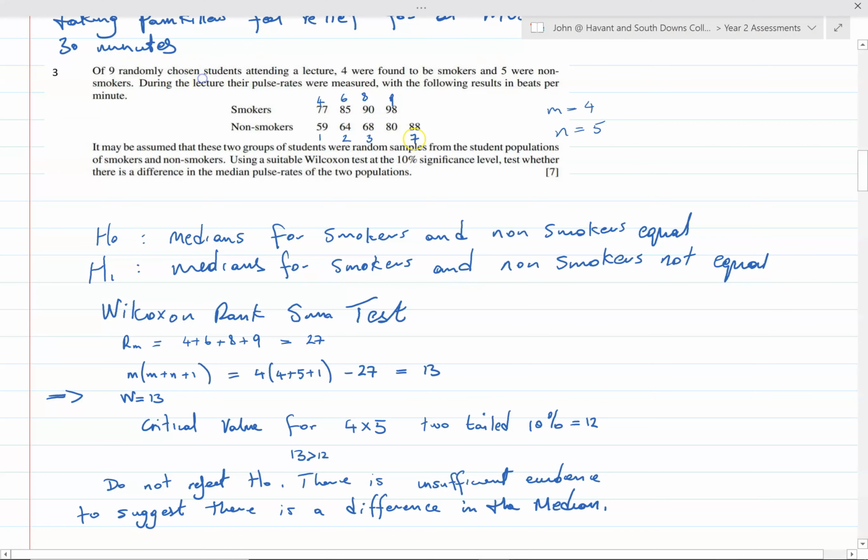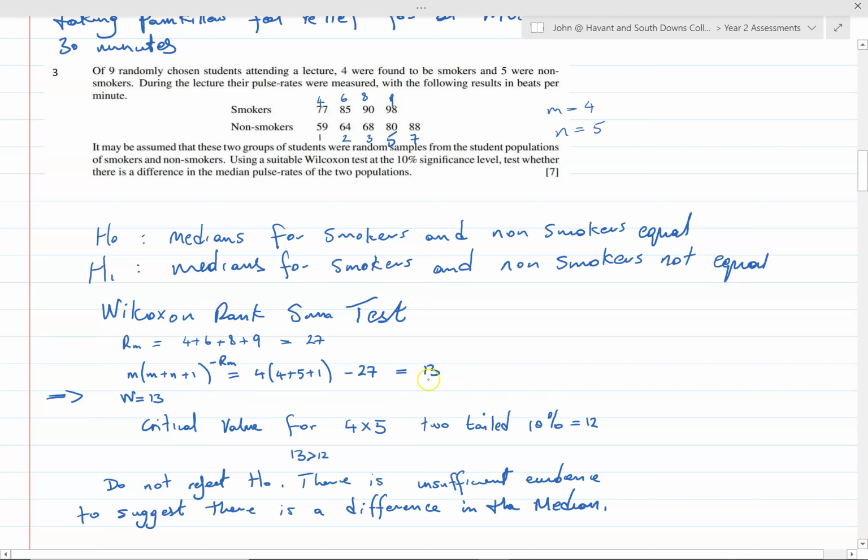So what we do then is work out this total here, which is basically M times M plus N plus 1, minus RM. So we work out what RM is, which is the sum of these ranks, and we work out this alternative total, and work out what that is.